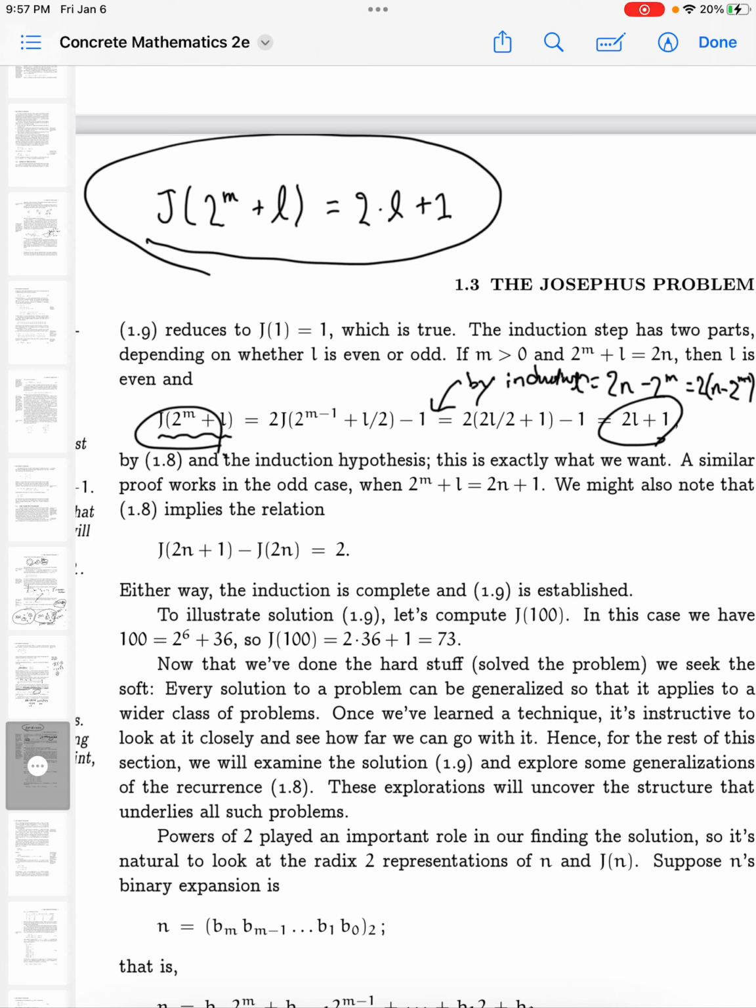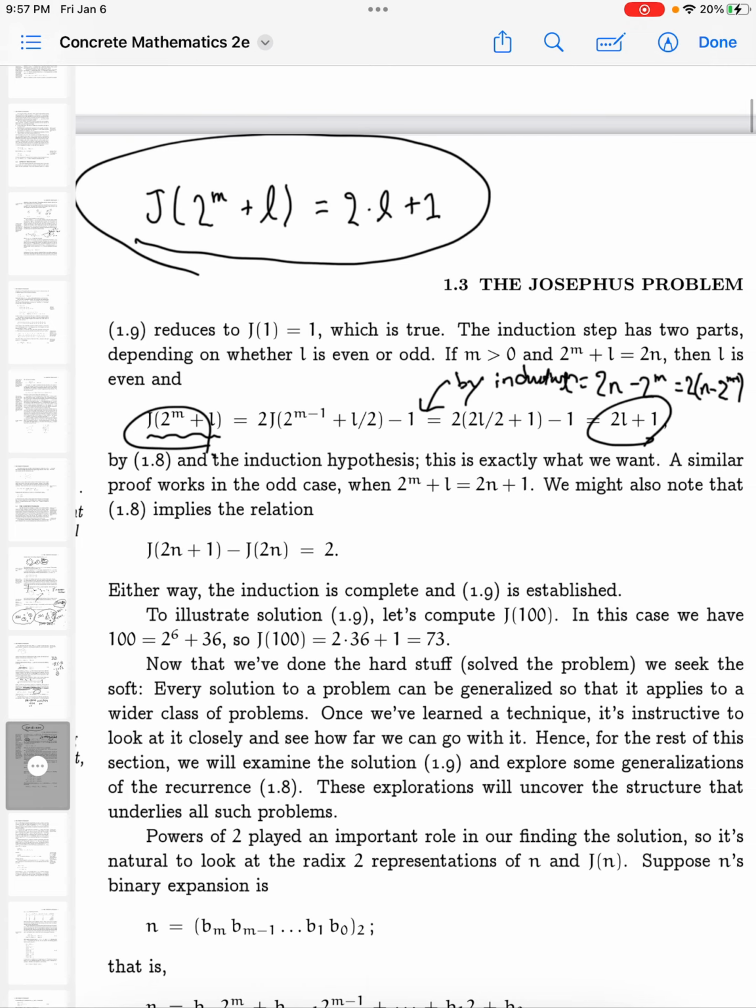And a similar proof works in the odd case when 2 to the power of m plus L is equal to 2n plus 1. We might also note that 1.8 implies the relation J of 2n plus 1 minus J of 2n is equal to 2. Either way, the induction is complete and 1.9 is established.